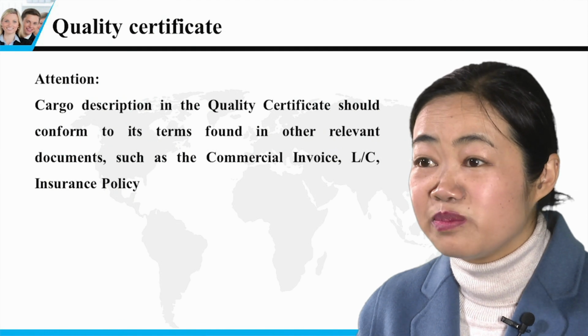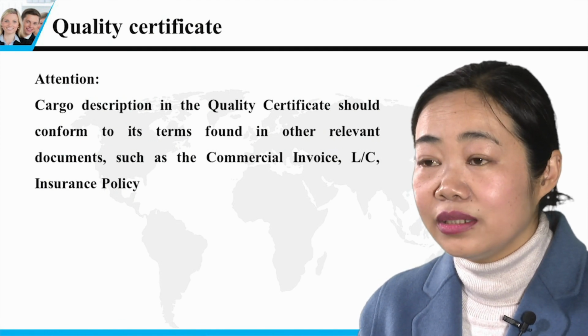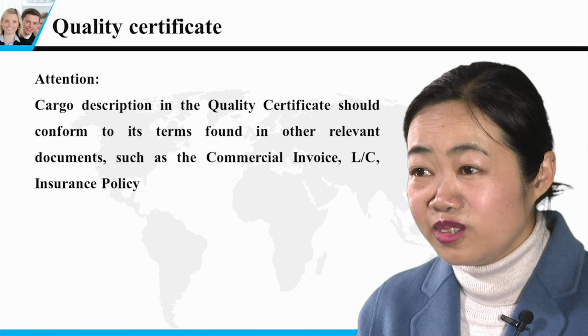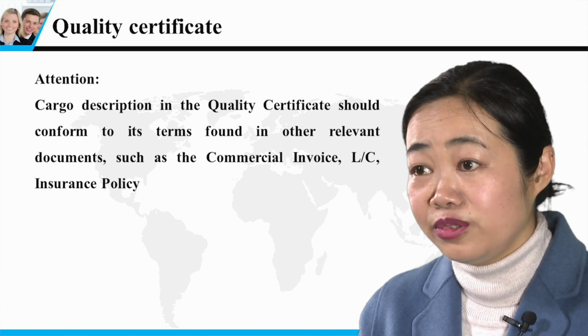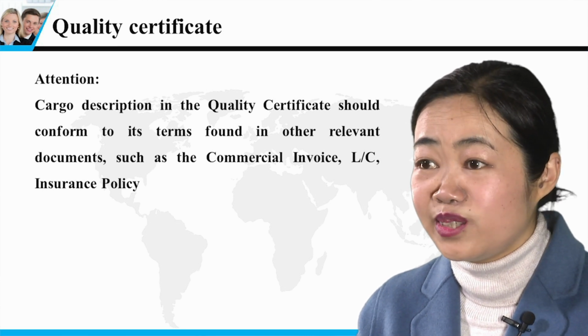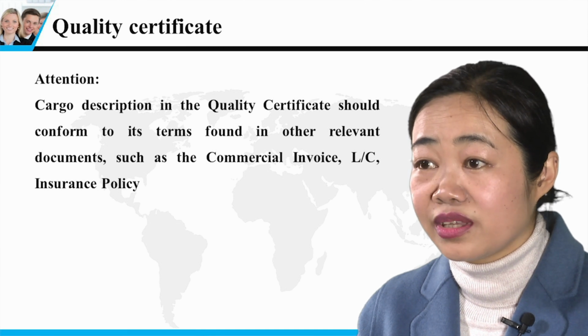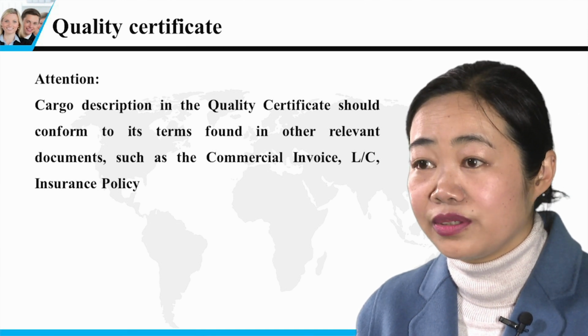Now that you are clear about the pro forma invoice and commercial invoice, let's move on with quality certificate and weight certificate. A quality certificate confirms that the quality or specification of a particular consignment of goods is in accordance with the sales contract at the time of shipment.